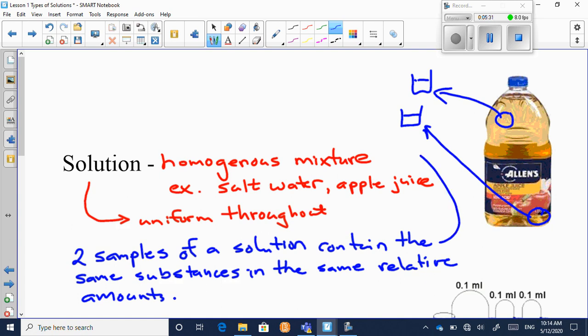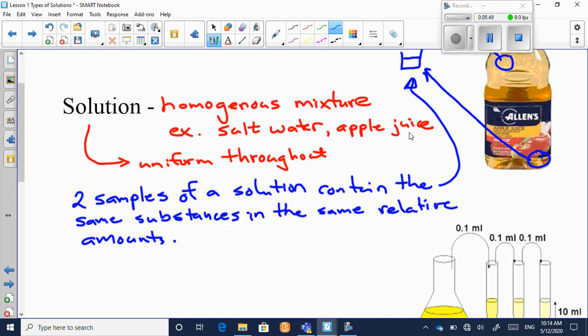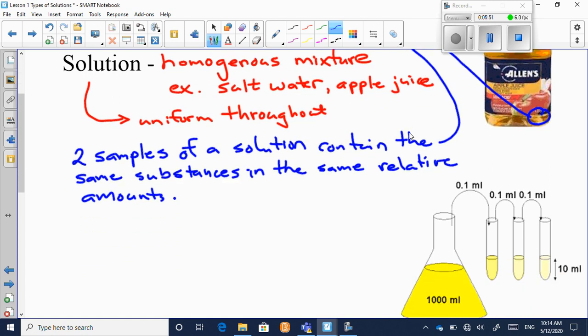You'd have the same relative amounts of everything within those samples. Okay, and that's what makes it a solution. The amount of sugar doesn't vary throughout the container. You're not going to have one section that's going to taste sweet and another section that's not going to be sweet.